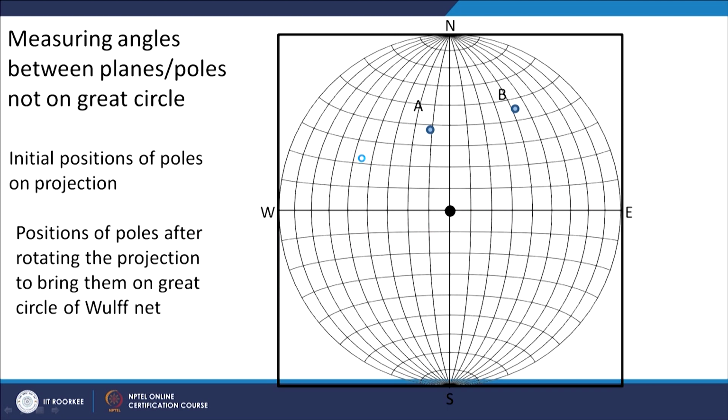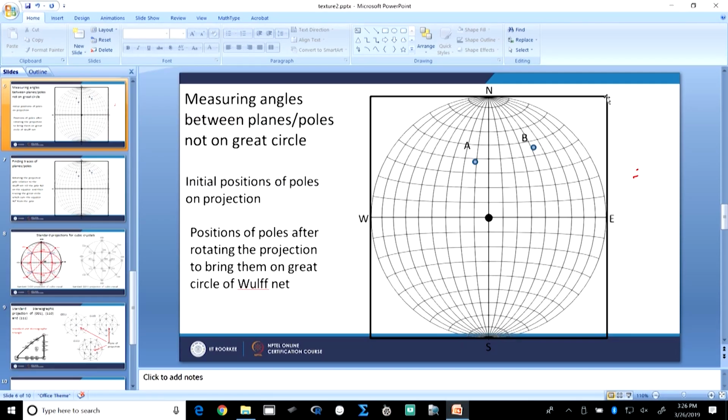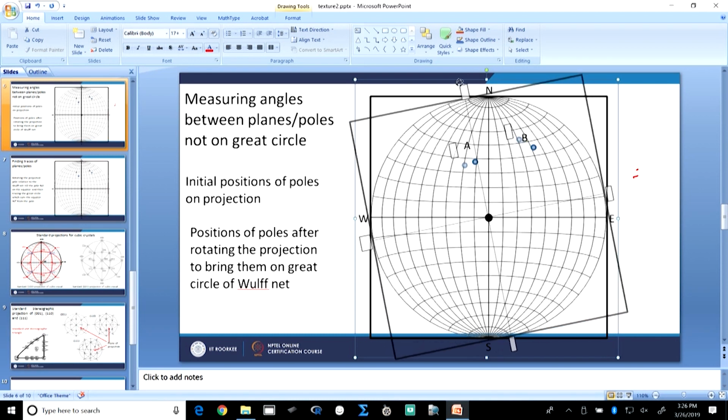Now, the problem starts. In this case there are two poles, A and B, but they are not falling on a great circle. So, in this case I cannot directly measure the angle like this. To measure the angle, I will go out of this slide show right now, so that I can rotate this particular net.